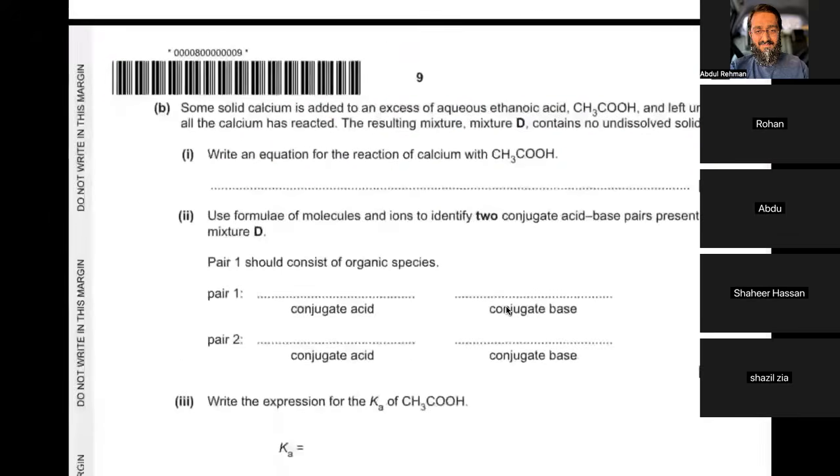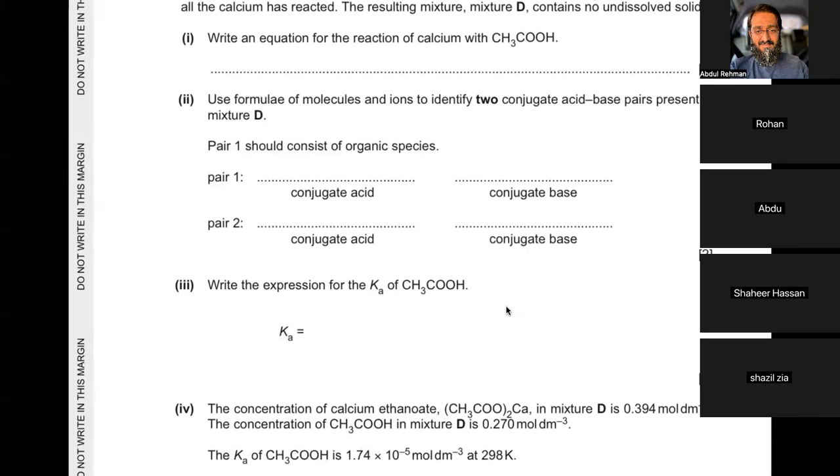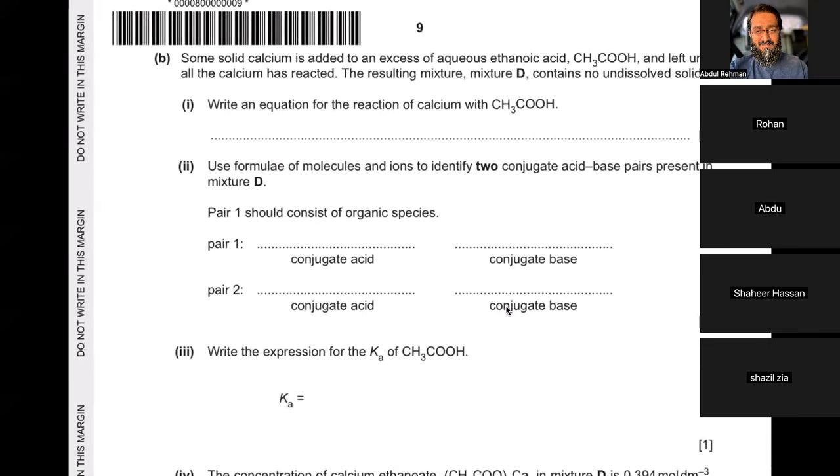Okay. Now, next part. Some solid calcium is added to excess aqueous ethanoic acid and left until all the calcium has reacted.